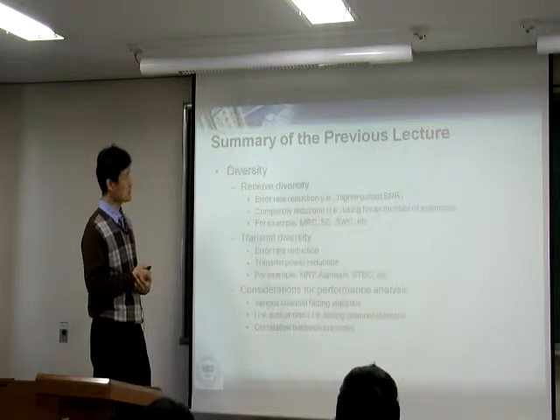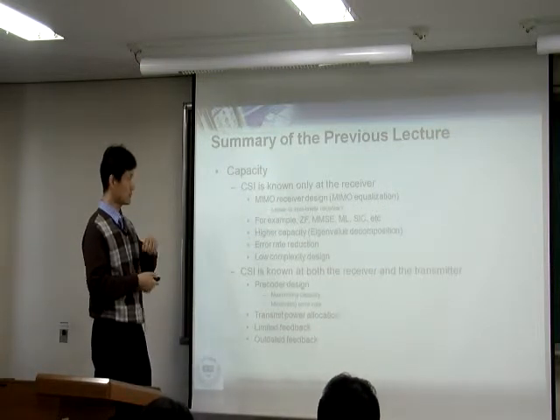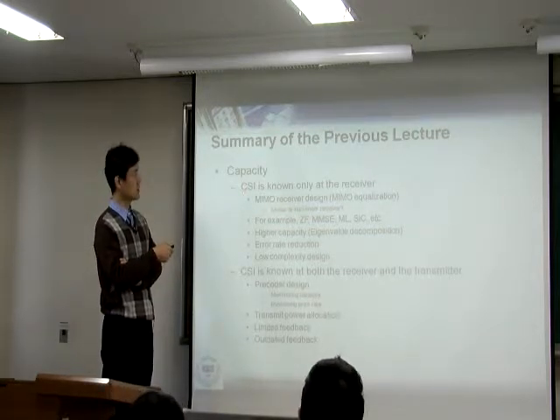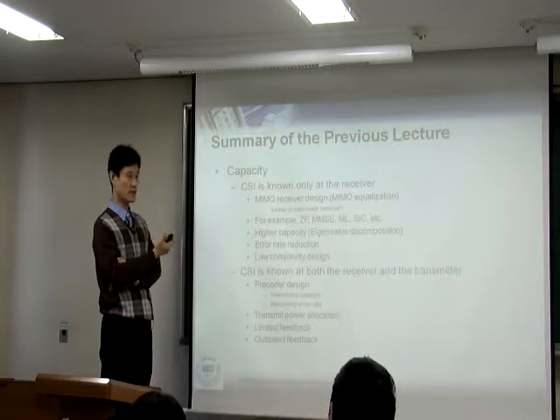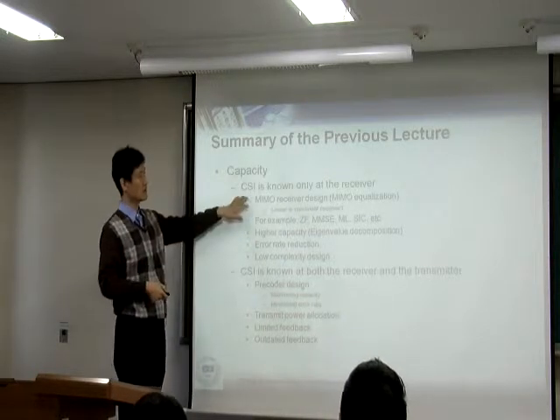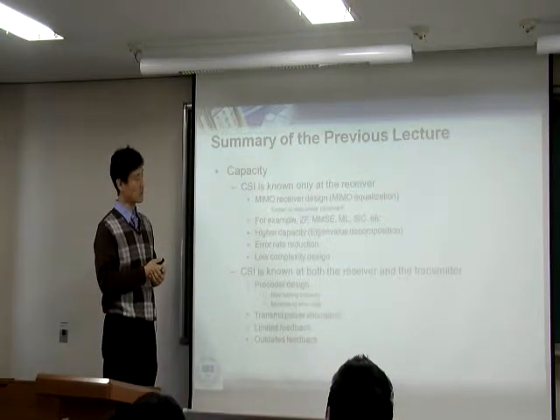This slide and the next slide show the typical approach, what other people are doing. When you look at capacity analysis, you have to think about two different categories. The first case is that channel state information is known only at the receiver.